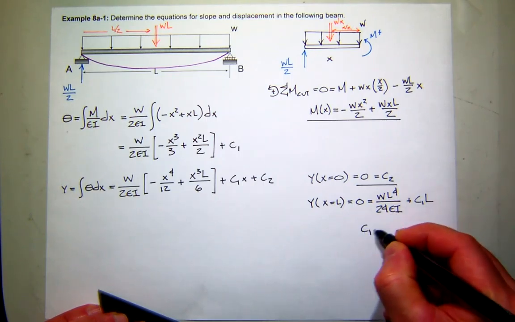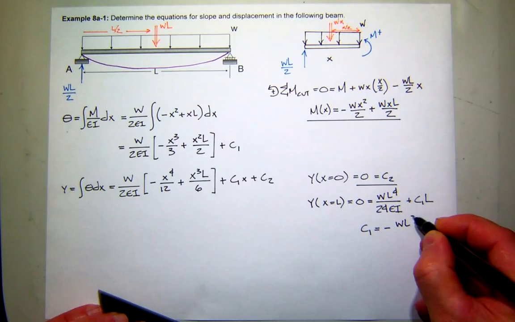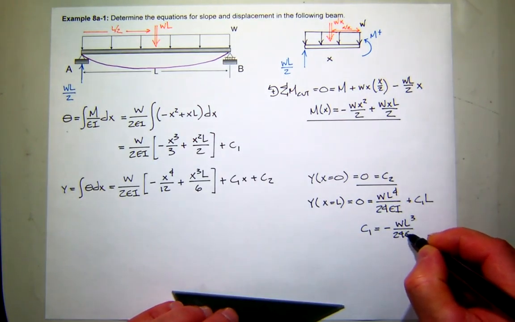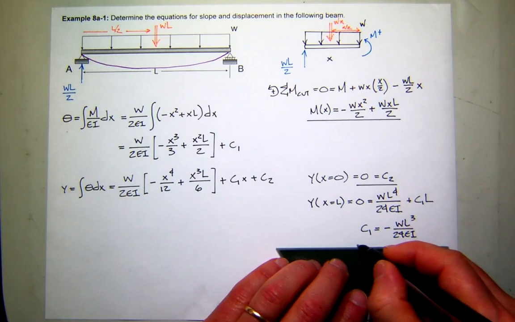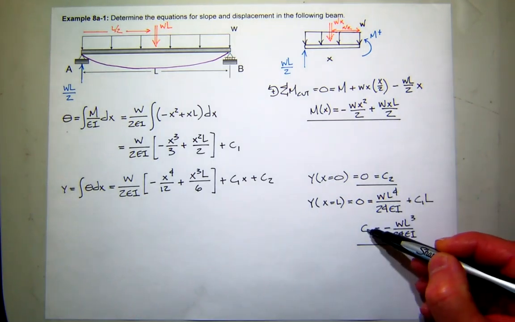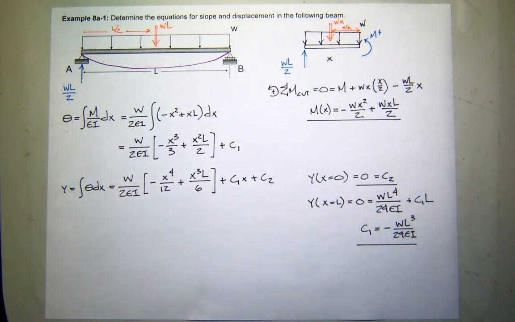So that means that C1 is going to have to be negative WL cubed over 24 EI. See that? And all I have to do is plug in this value for C1 and this value for C2 in my expression, and I'm done.